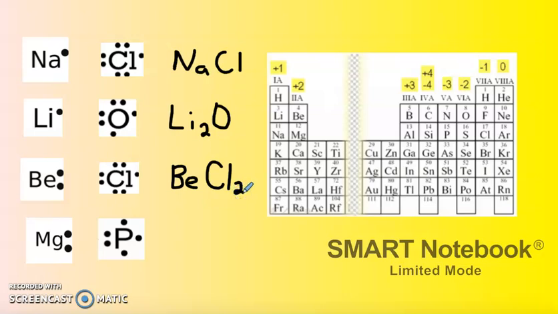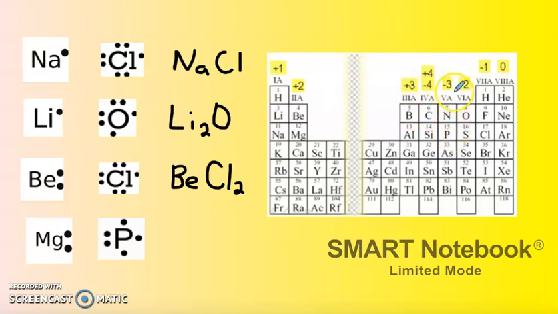This next one's a tough one, but I bet you might can figure it out. Mg has two outer shell electrons, whereas phosphorus has 1, 2, 3, 4, 5 outer shell electrons. You add them together and you make 7. That doesn't work out. But maybe you can see it a little bit better over here. Mg is +2.